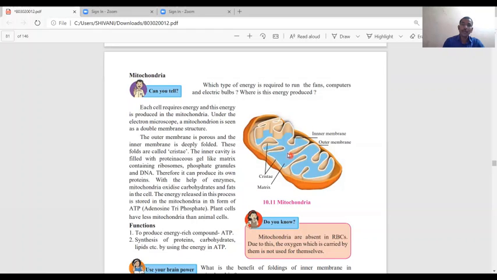The inner cavity of the mitochondria is filled with a proteinaceous gel-like matrix, and such matrix contains ribosomes, phosphate granules, and DNA. Therefore, mitochondria can produce their own proteins with the help of enzymes.